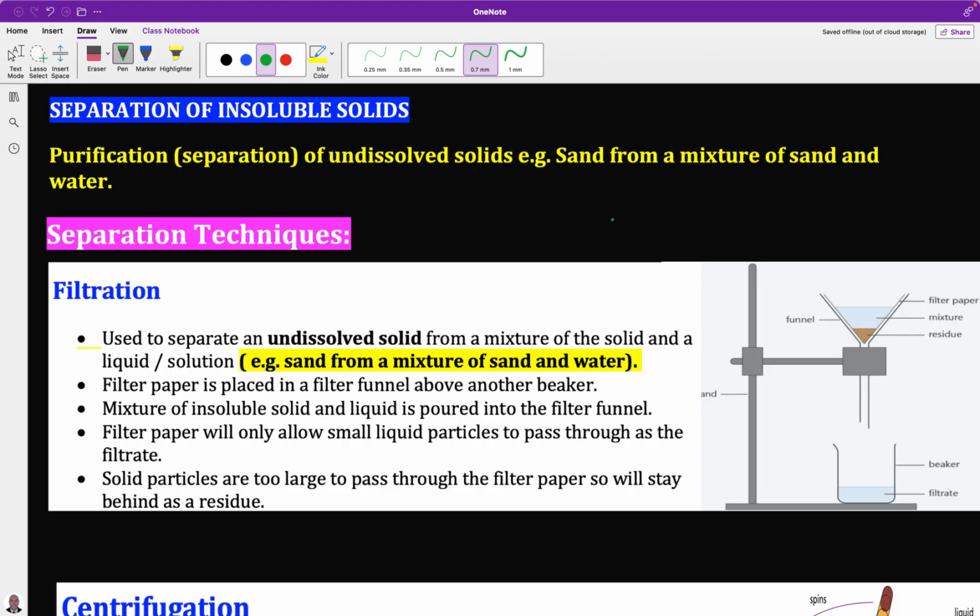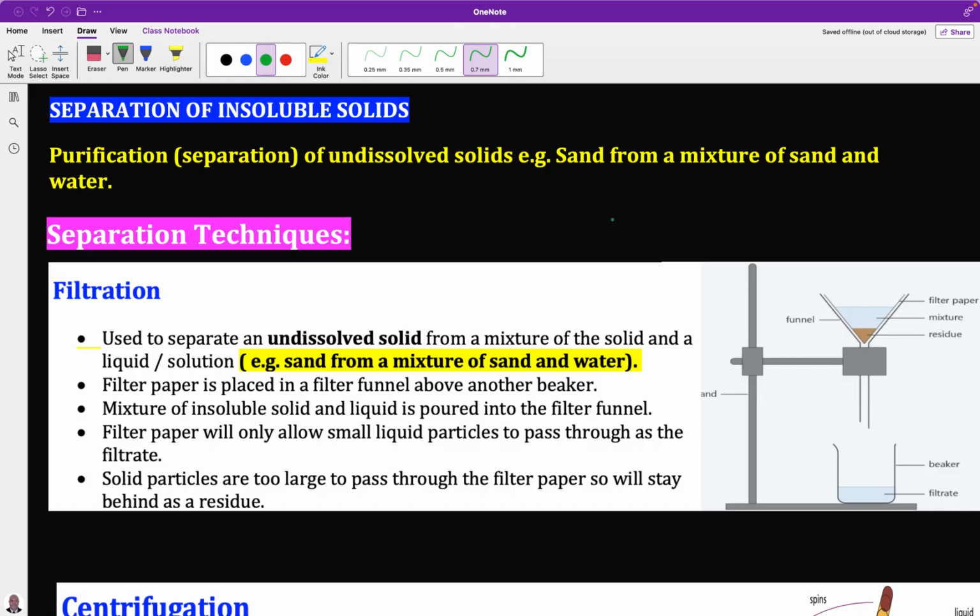And what is filtration? We use filtration in our daily lives. We filter our tea. We filter many other things, even water. We filter a lot of things in our daily activities or home activities.